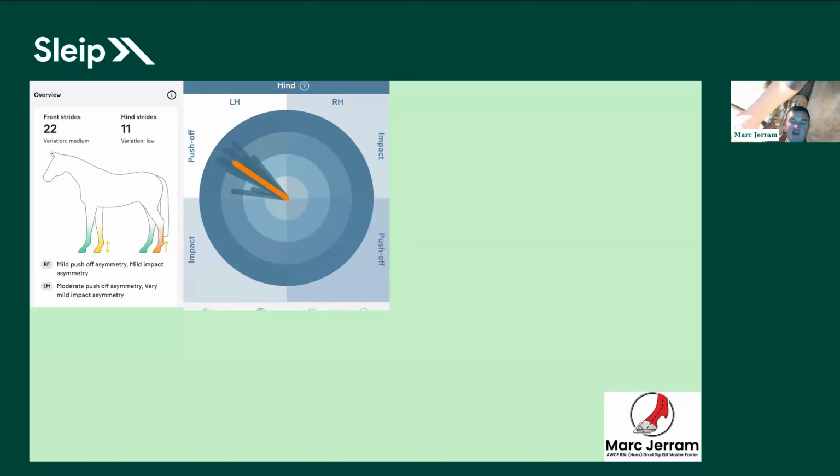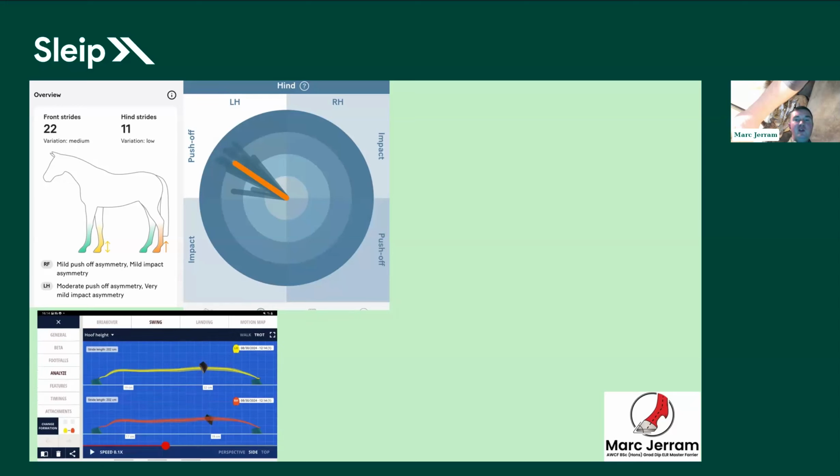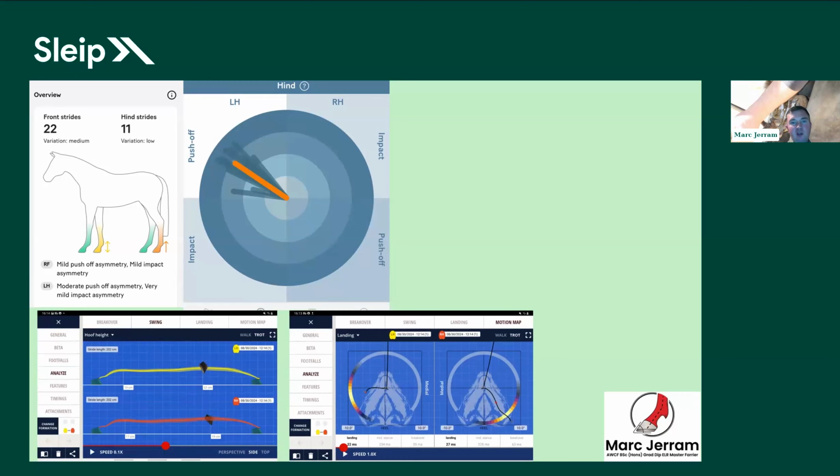All horses are equally as important, but when they're going to a very high level competition, you need to be able to assess as much as you can. So I certainly use Sleip a hell of a lot for that. But I also use that in conjunction with a system called Hoofbeat, which uses IMU sensors placed on the hoof to detect hoof flight.